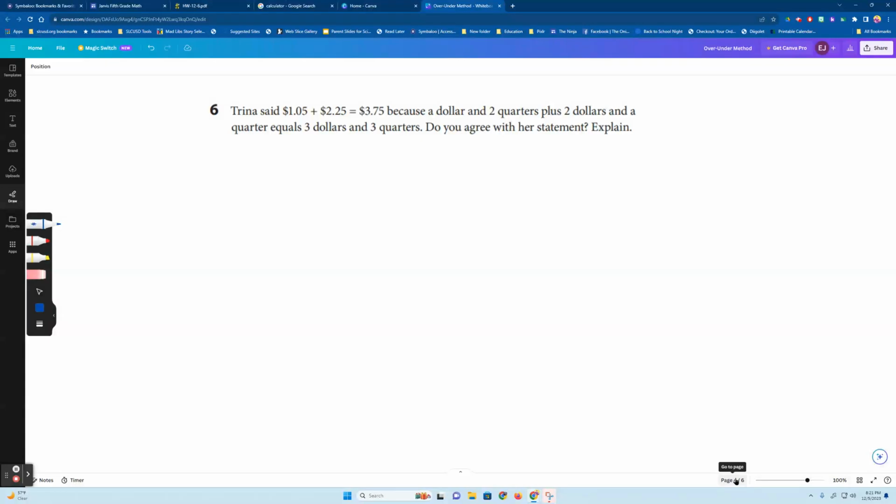Okay. So let's take a look at number 6. Trina said $1.05 plus $2.25 equals $3.75, because 2 quarters plus $2, I don't know. So she's going 2 quarters plus $2. She's adding within the same thing. Like, what the heck?